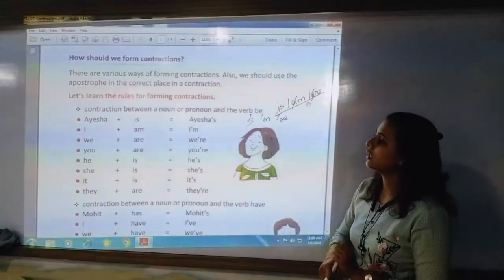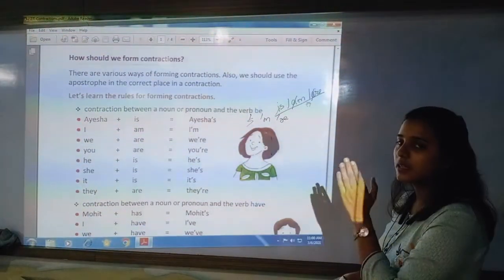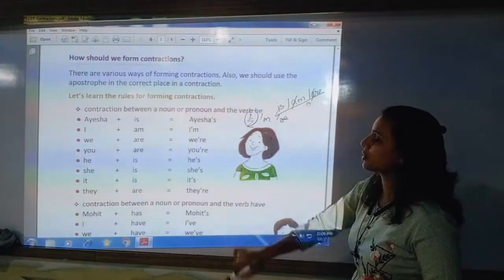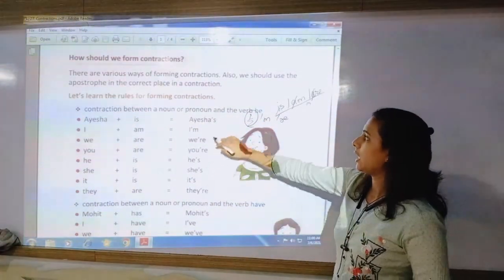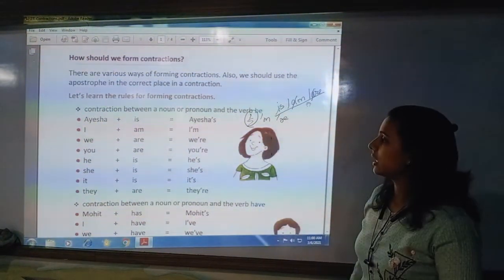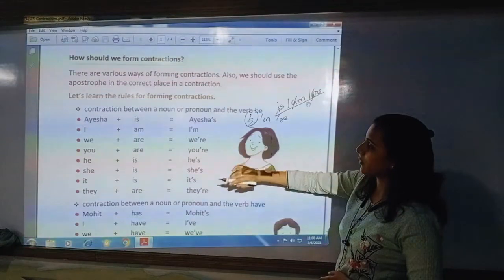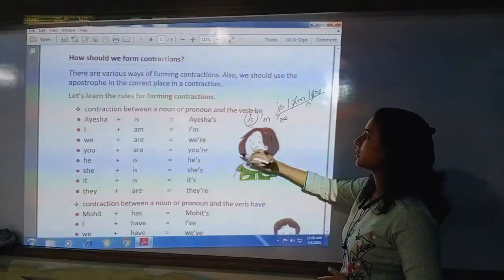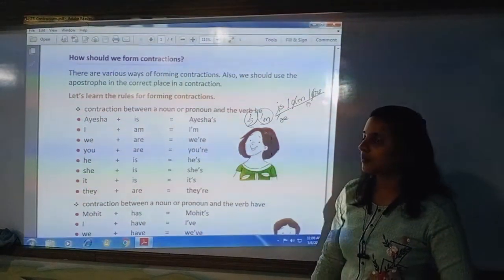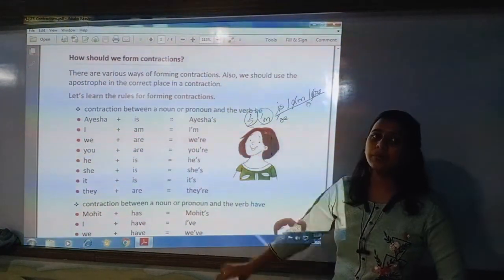Let us see. Aisha plus is. So is will be written as apostrophe S. Aisha apostrophe S. Aisha's. I am. I will be written as it is, and M will be written as apostrophe M. So it will become I'm.